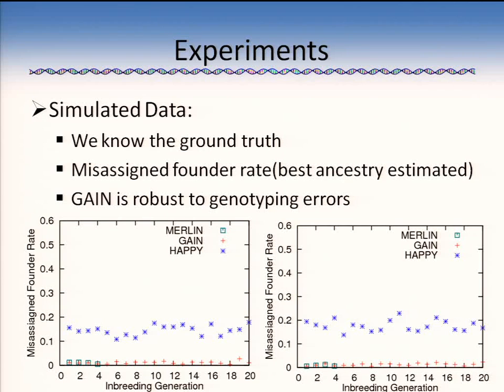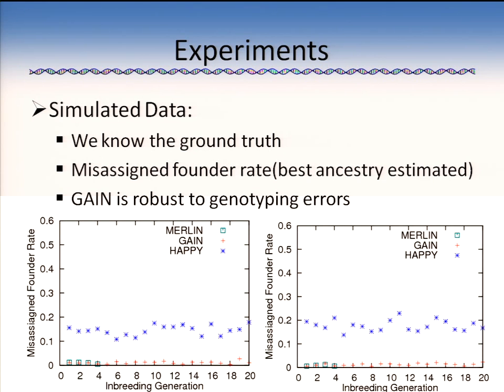So let's first run the 3 algorithms on simulated data. It's an easy way to evaluate the algorithm because we know the ground truth. We know what the truth is, so we can easily examine the misassigned founders, whether the best ancestry estimated here is correct or not.